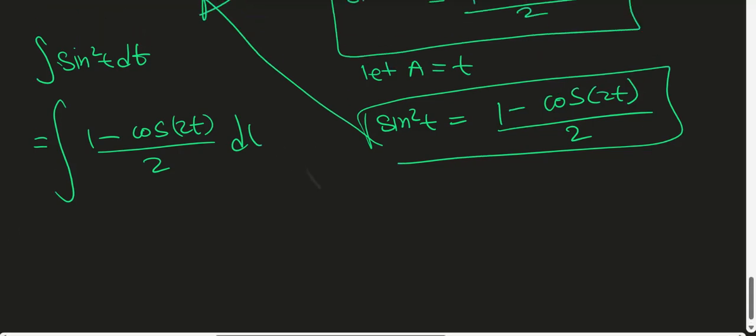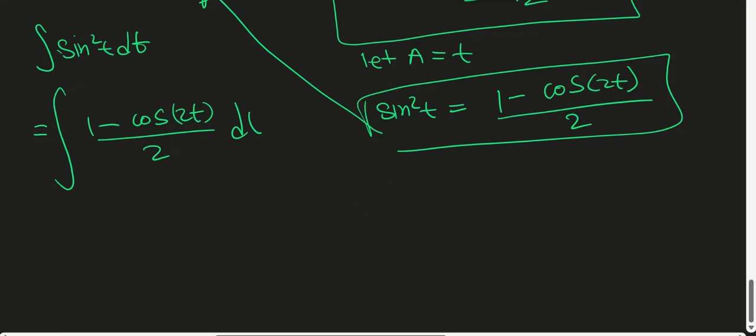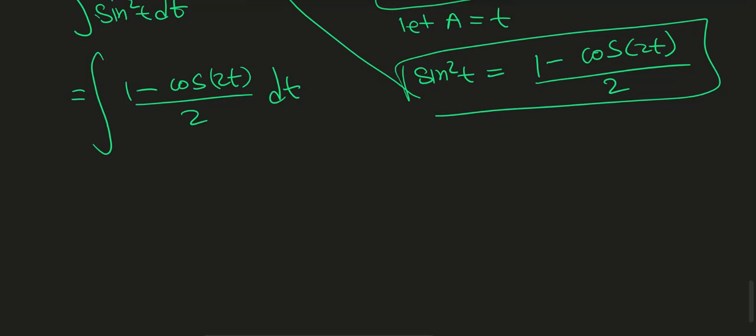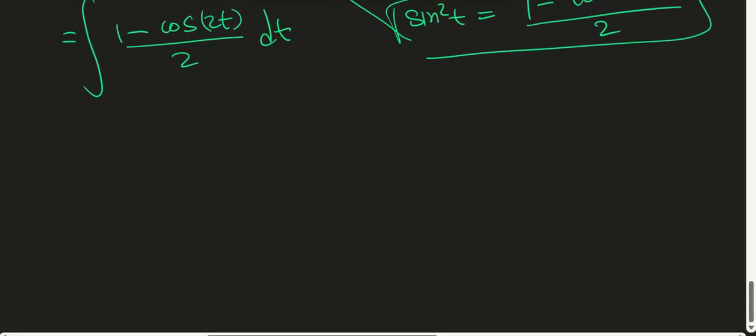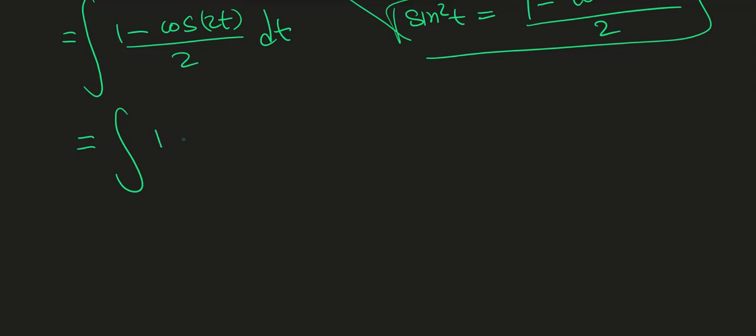Okay, let me write the expression nicely. So all of this simplifies to the integral of 1 minus cos 2t over 2 dt, which is a very nice expression to work with.